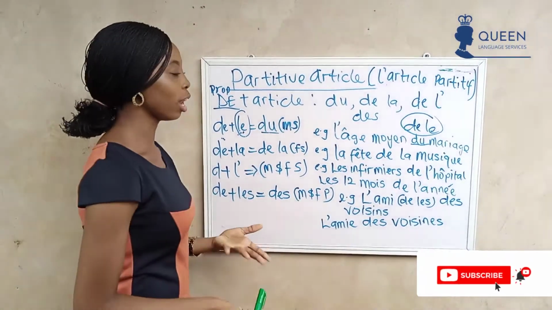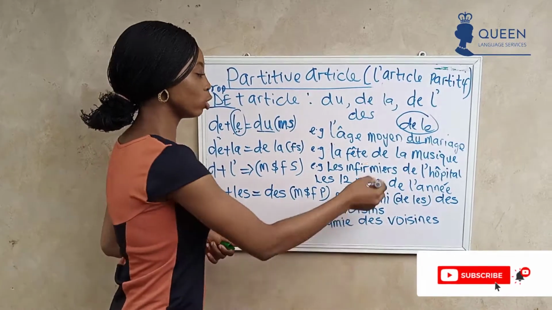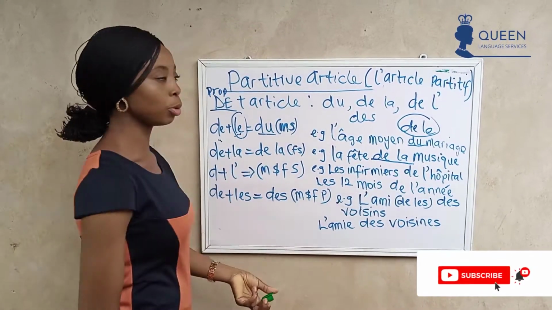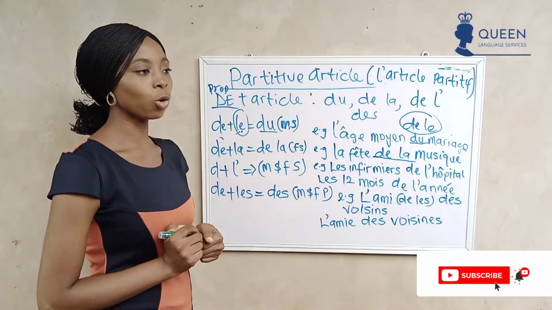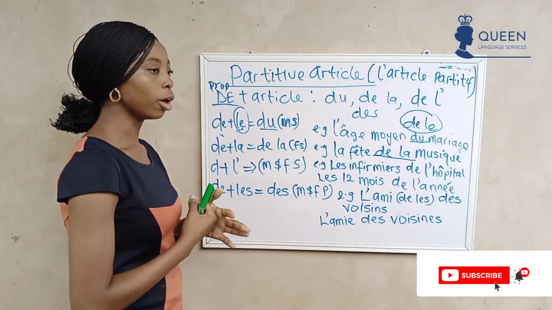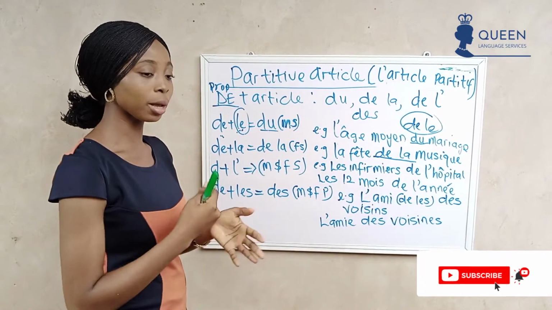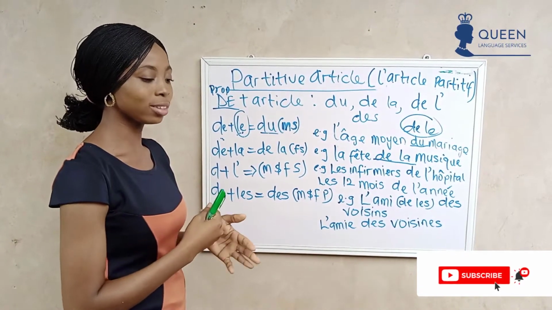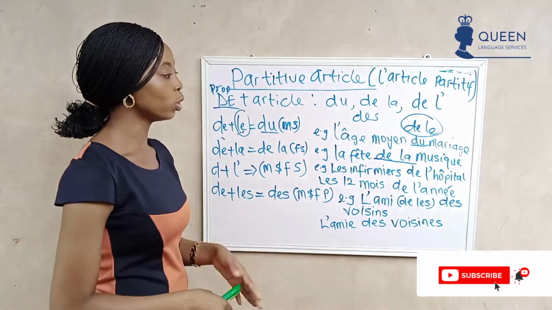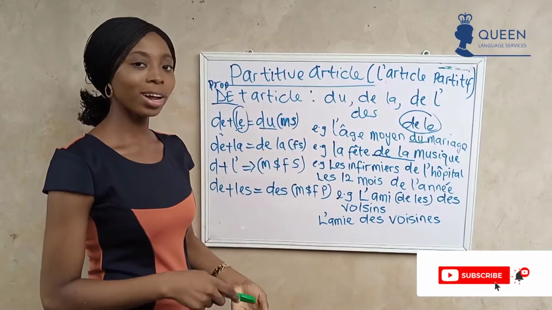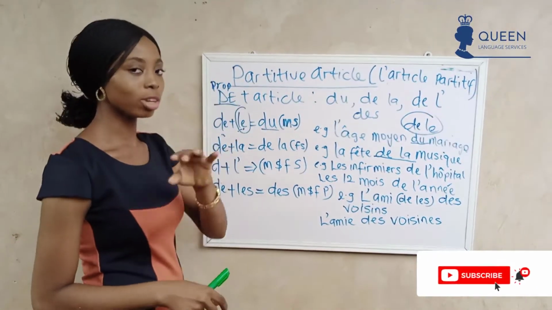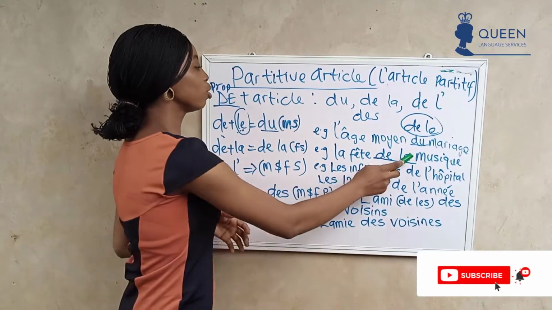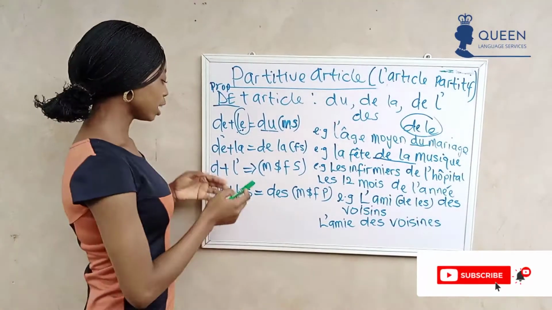Nothing is going to change here, unlike de le. Note that in French language, it is only when we have de plus a masculine definite article that it contracts and turns to du. But when it is feminine and singular, it remains the same. So we have la fête de la musique.